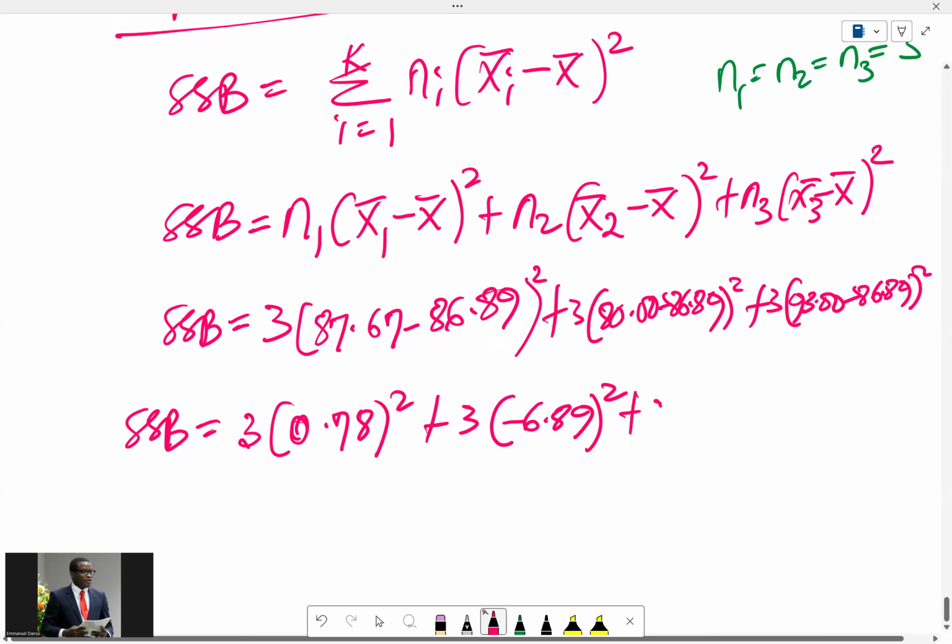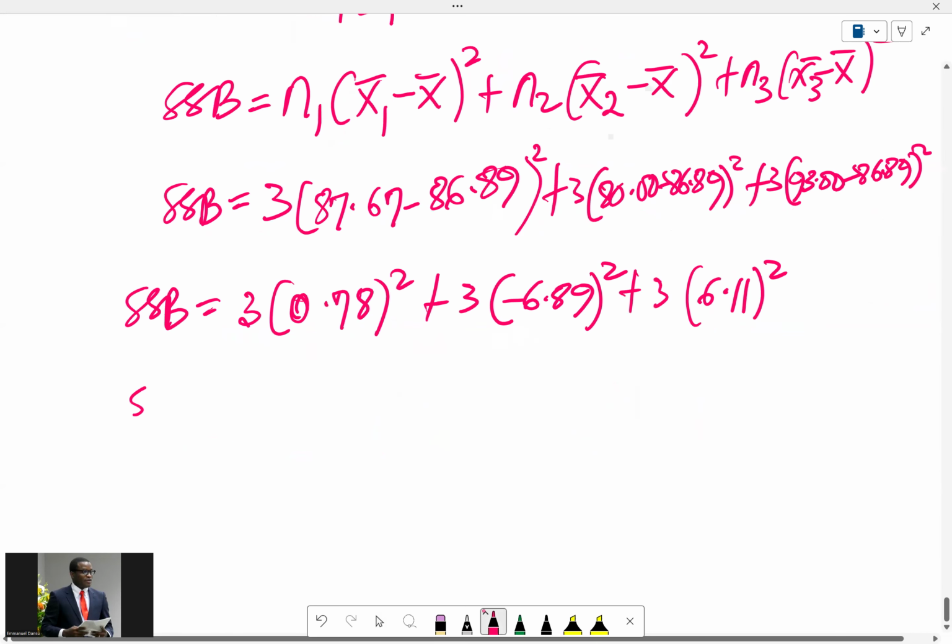Then plus 3 now into 93 minus 86.89, that is 6.11 squared. So we can go back and iron out all this.